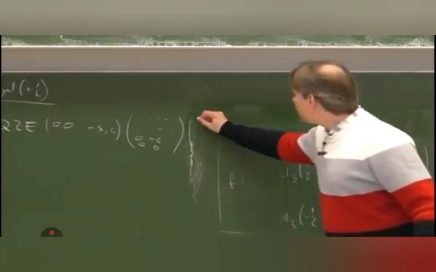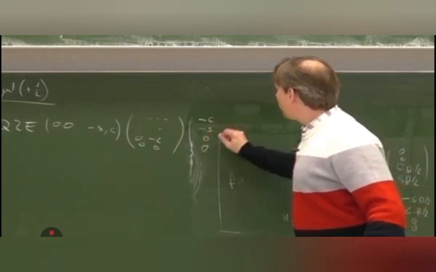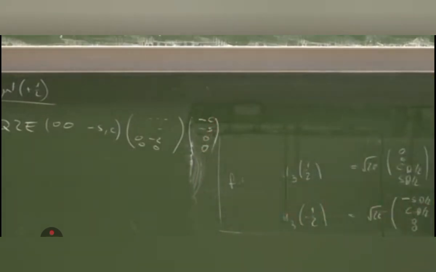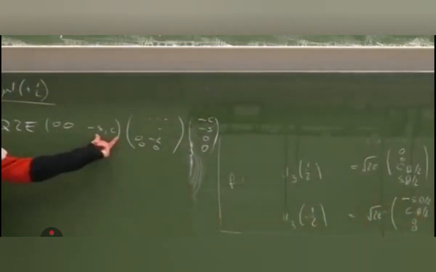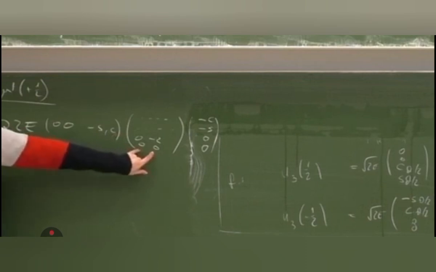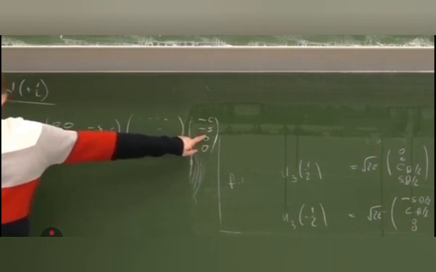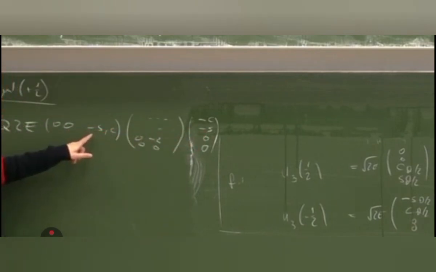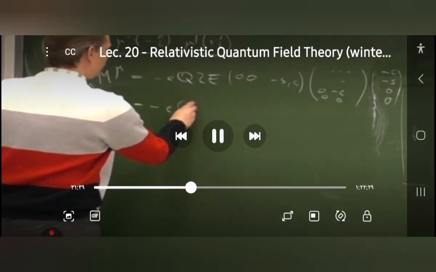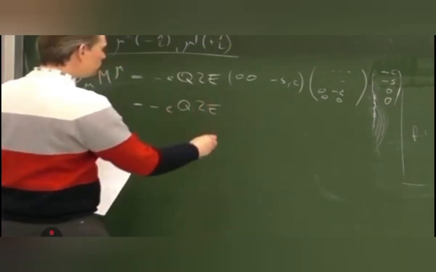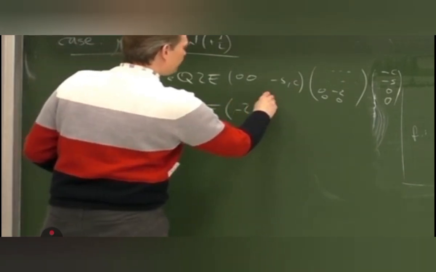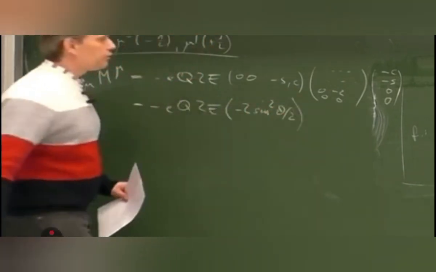And the other spinor is that one with minus c, minus s, 0, 0. Okay, now the only non-vanishing term comes when that block hits the lower block here. The minus sign hits the minus 2, and then it hits the other minus sign. That gives in total minus 2 times sine square. So minus e q 2e, then times minus 2 sine square of theta half.